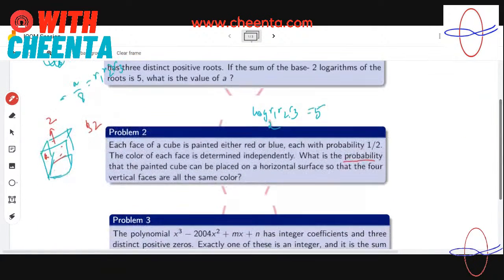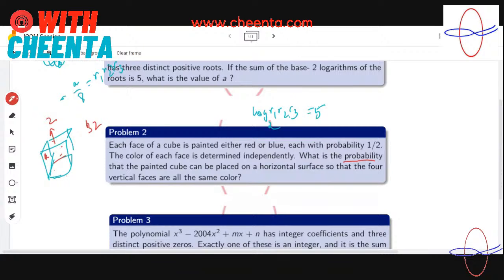Okay. So problem 2. Each face is colored red or blue, with each probability 1 by 2. That means the color of each face is determined independently. So what is the probability that the painted cube can be placed on a horizontal surface so that the 4 vertical faces are of the same color?